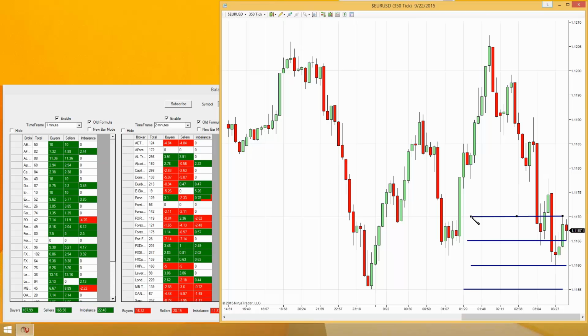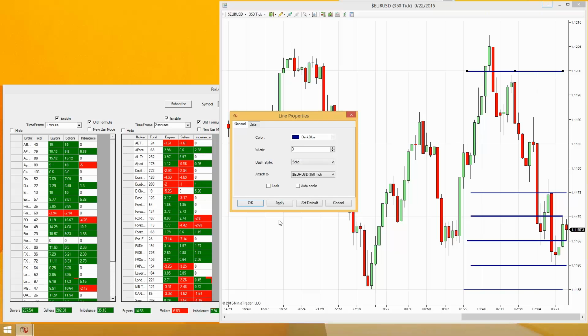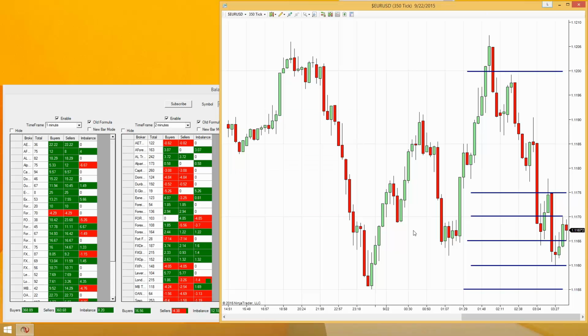That's your second target. Third and fourth. Sometimes we move this to another point in price. But it's very important that as soon as you hit your target number 1, you move your stop to break even.